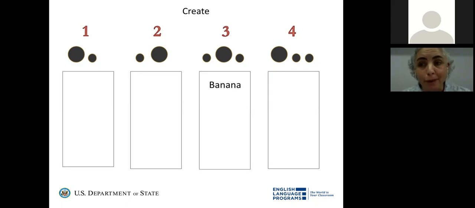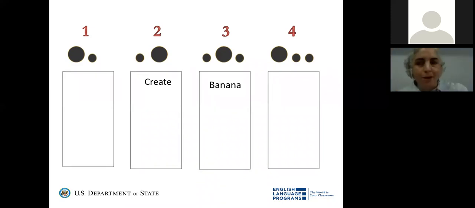It's 2 syllables, so we know it must be either column 1 or column 2. So it's either create, or create. Which column do you think it belongs in? And if you're guessing column 2, you are correct. The answer is create, not create.